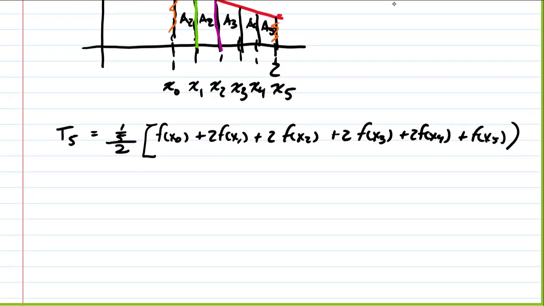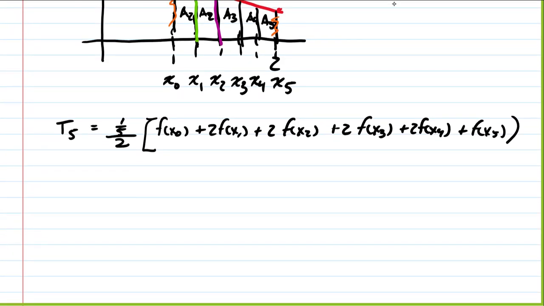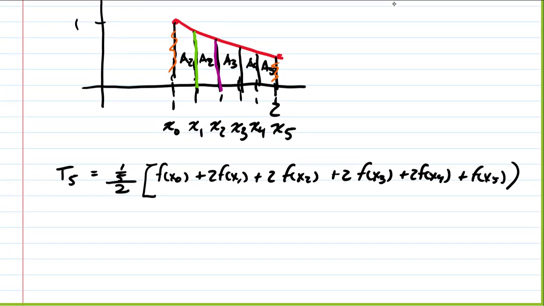So if we wanted to, we could calculate each of these manually, right? x0 is 1, x1 is 1.2, x2 is 1.4, 1.6, 1.8, and 2.